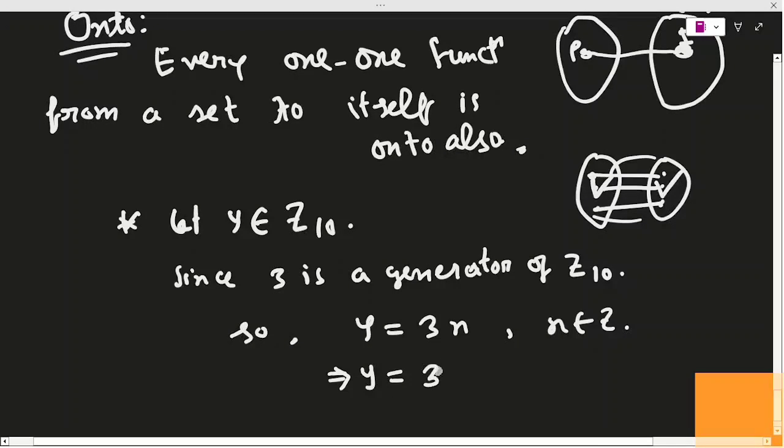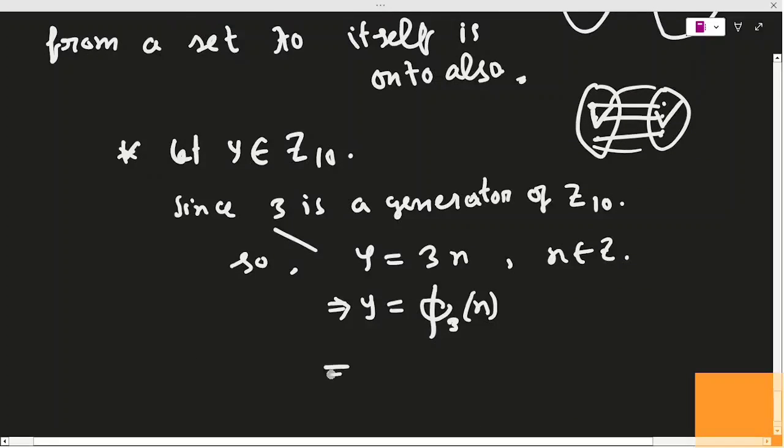So y is equal to pi 3 of n, and this will imply y is equal to pi 3 of n. You can write it as pi 3 of n.